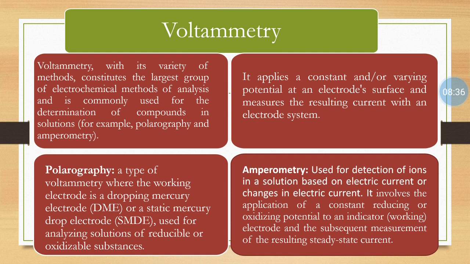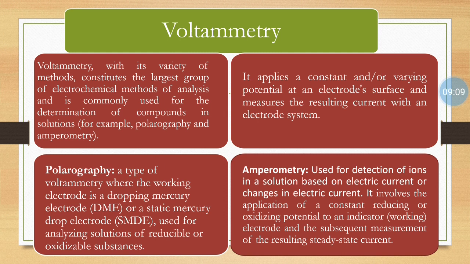It applies a constant or varying potential at an electrode surface and measures the resulting current with an electrode system. In polarography, the working electrode is a dropping mercury electrode or a static mercury drop electrode, which is used to analyze a solution of reducible or oxidizable substance.